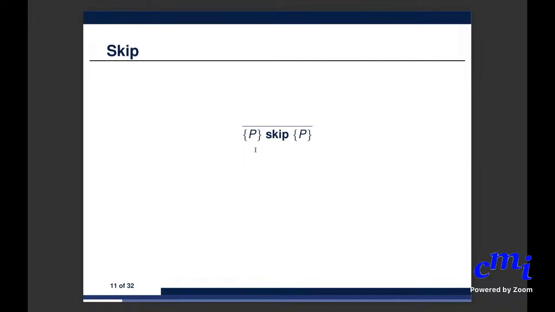Actually, there is a question in the chat by Deepto. He's asking, can you explain again what skip does? Does it only replicate the previous predicate? Skip is like a no-op statement. It does not change any of the values. It keeps every variable retaining the same value as it had in the pre-state, in the post state.